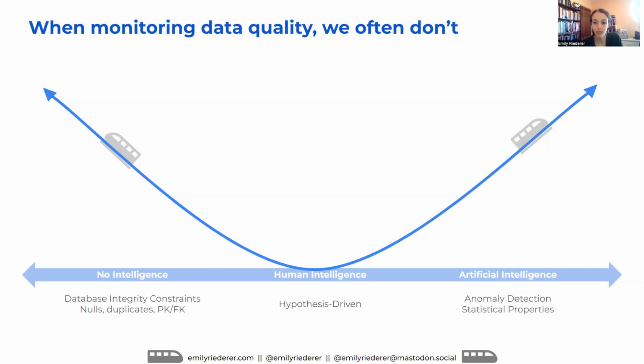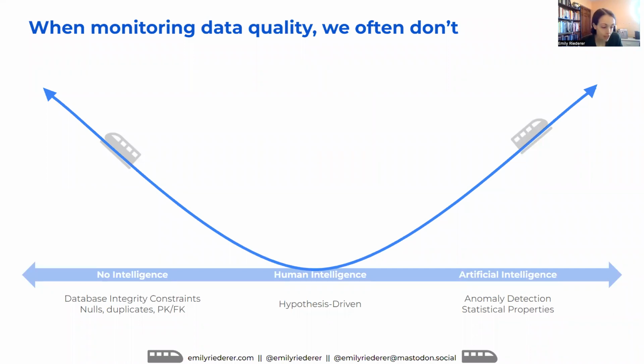But I argue there's a missing gap in the middle of really applying human intelligence in a more hypothesis-driven approach and understanding the data generating process in the same way that you might understand it for building a model that's supposed to capture that process, but instead using it to detect the errors in the process.